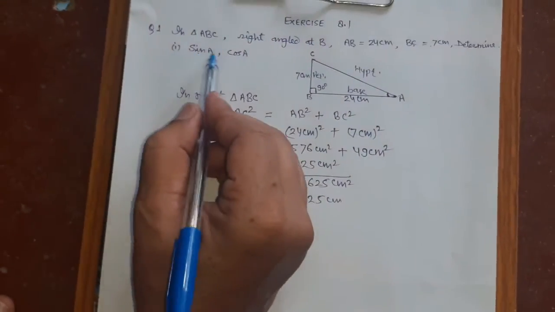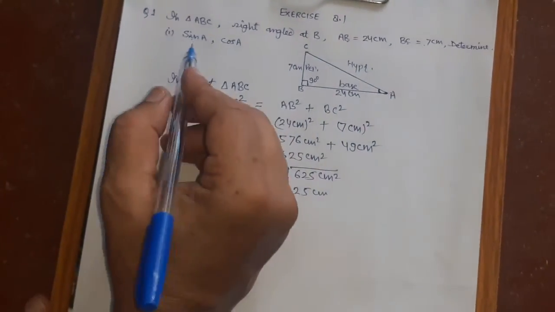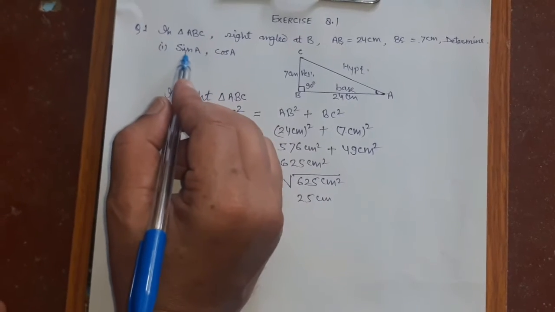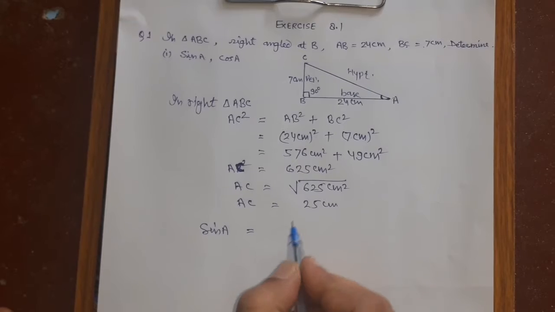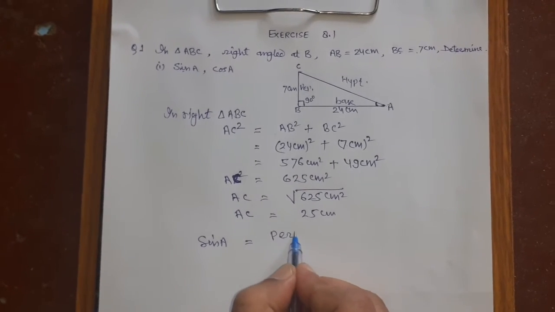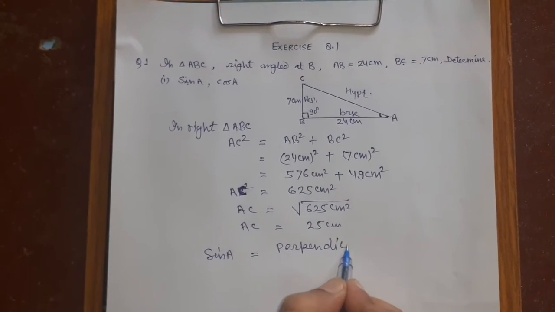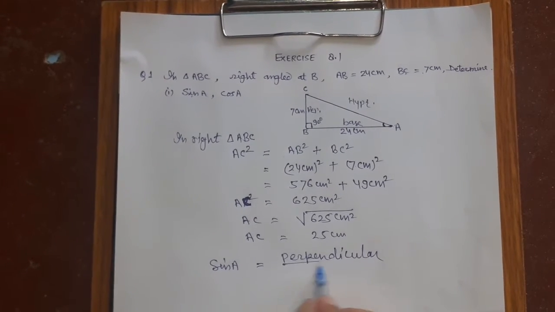Now we need sin A. The trigonometric ratio of sin A is perpendicular upon hypotenuse.